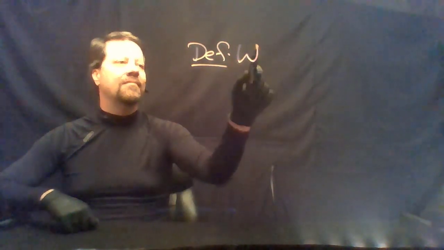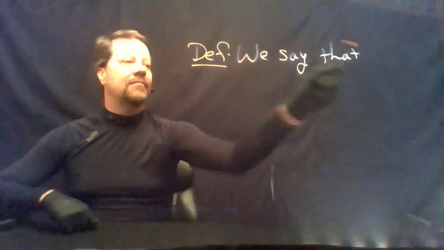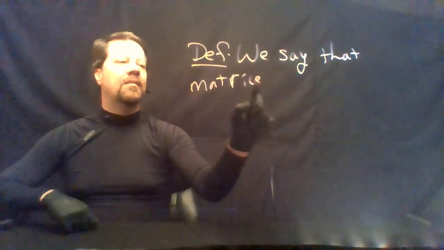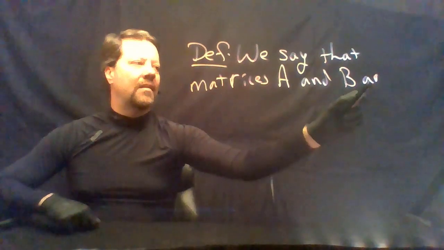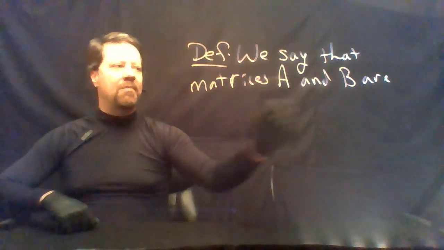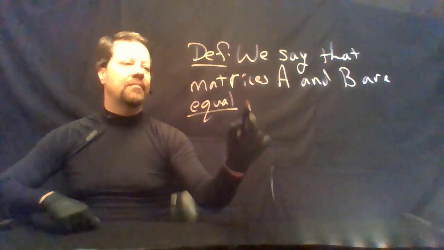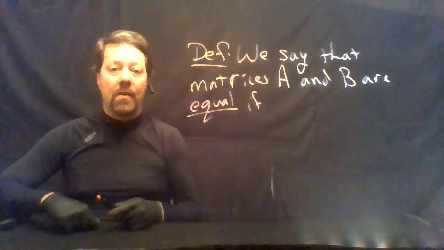What do we mean when we say two matrices are equal to each other? We say that matrices A and B are equal if, first, they must have the same order.